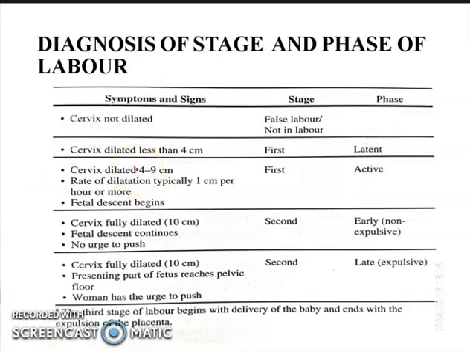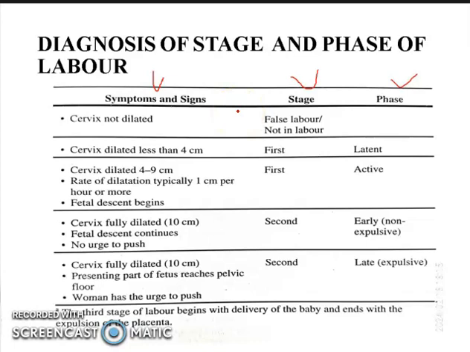So in this slide, we have how you can diagnose the stage and phase of labor. Very, very important. This is a table. It has columns. This is our first column, our second column, our third column. So in our first column, we have symptoms and signs.